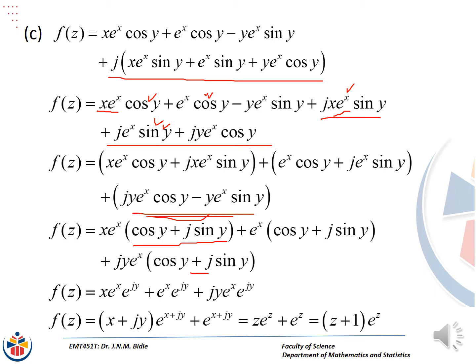And then the first term and the last term have a common factor that we can take out, so that we are left with x plus jy. Therefore, our answer is that one. And then we take e to the power z out, giving us z plus 1 all into e to the power z.